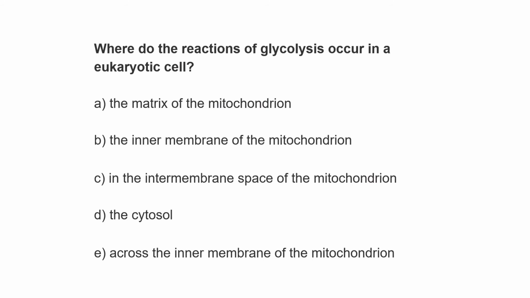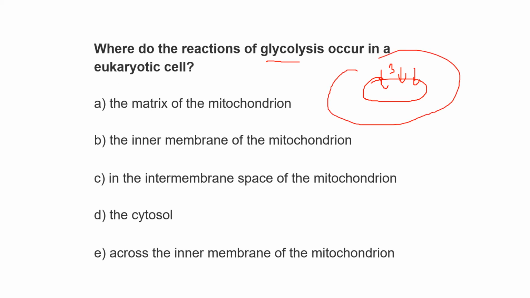Okay, now where do the reactions of glycolysis occur in a eukaryotic cell? So let's analyze these options and try to see which one is the correct one. If you remember, glycolysis is the first process in cellular respiration, and there are three processes that take place inside of the mitochondria, while the other one takes place in the cytosol.